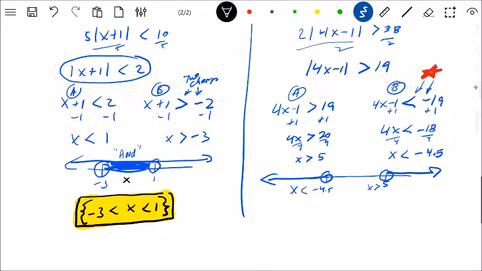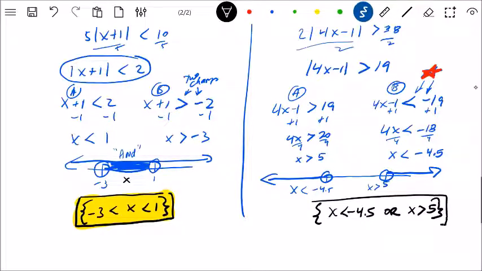So we do the statement with the solution set brackets. We do x less than negative 4.5 or x is greater than 5. There. So it has the or statement in it.